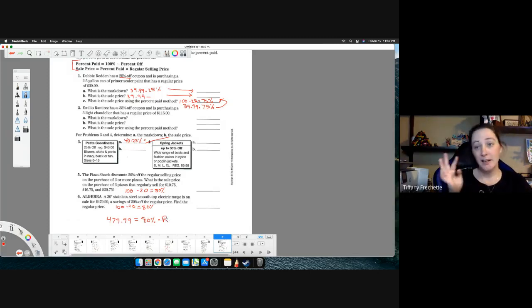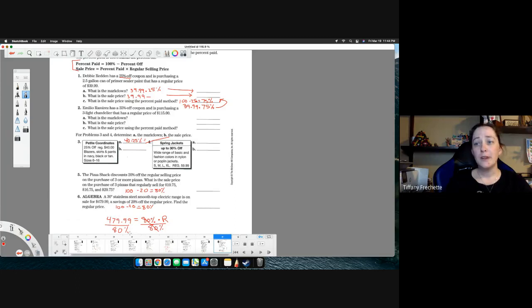Doesn't mean rate this time, regular price instead of price. You could use P for price if you wanted to. I just use R for regular price because that's what we're looking for. So we simply just have to divide by 80%. Boom, boom on both sides because 80% divided by 80%, those cancel.